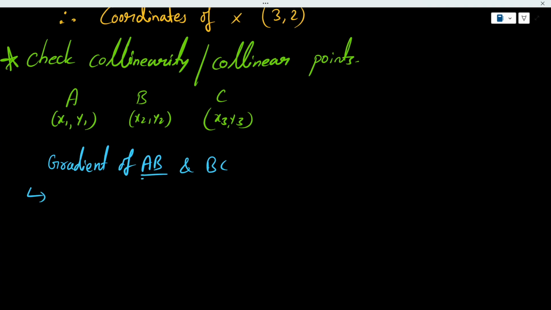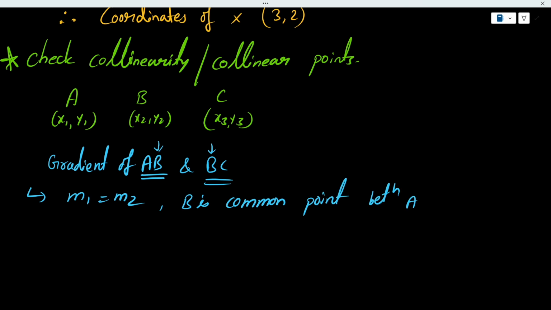You can see that AB and BC have a common point B, and if their gradients are equal and B is the common point between them, then A, B and C are collinear points.